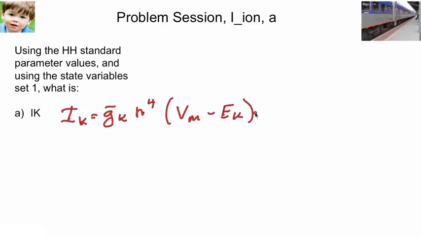That is to say, IK goes as the maximum current that could ever exist if all the channels were open, the probability to the fourth power of one of the particles in a channel being open, and then the potential difference between VM, the present transmembrane potential, and EK, what VM would be if everything was in equilibrium.